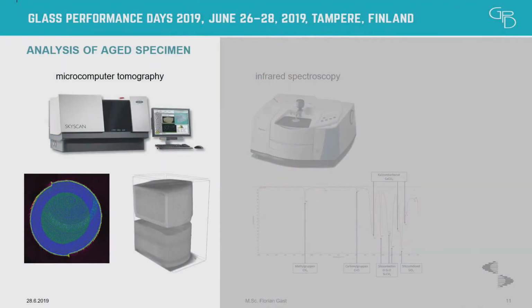I did that with a highly aged specimen that I aged in highly concentrated sulfur solution. And in the end, you can see here in the left corner, I could see differences in the edge area and in the center area.